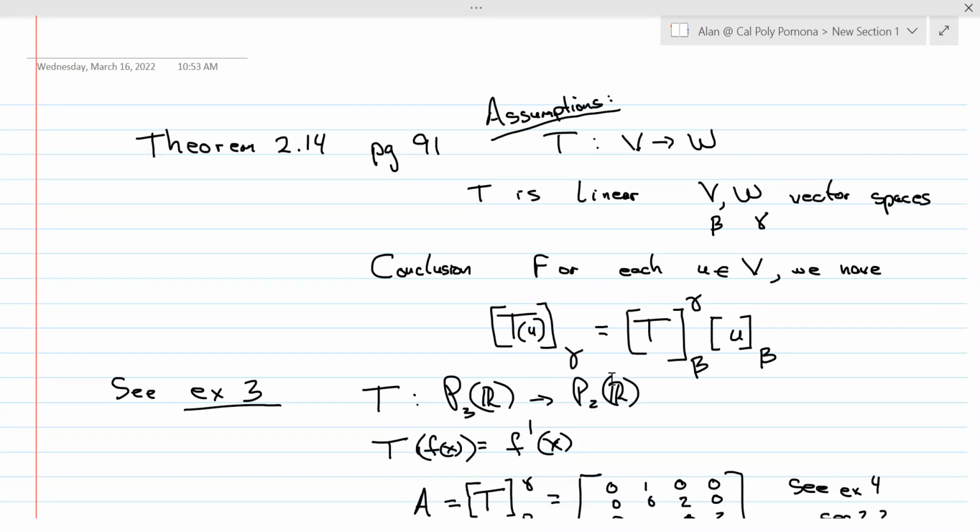Now, that turns out to be important because it's telling us that anytime we have a transformation, we can really just think of it as a matrix times a column vector. And the column vector is what the transformation does to u.